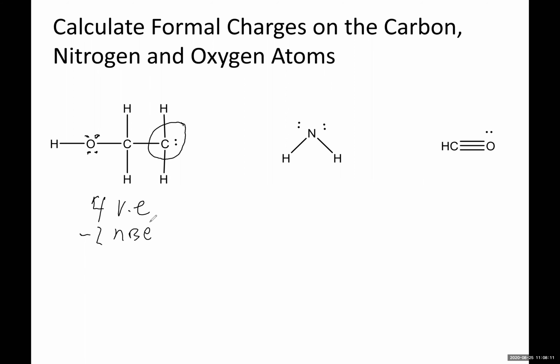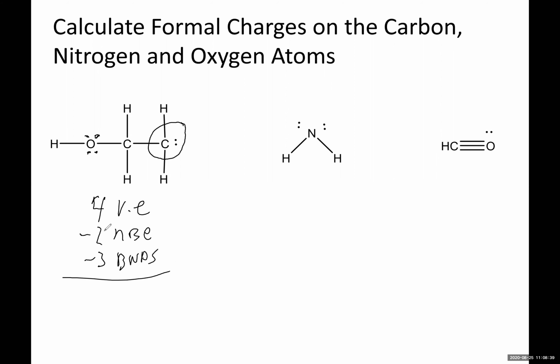And then you subtract half of the number of shared electrons. Well, each bond is two shared electrons, so half of that would be one. So you can just as easily subtract the number of bonds. It's the same thing. There are three bonds to carbon, so minus three bonds.